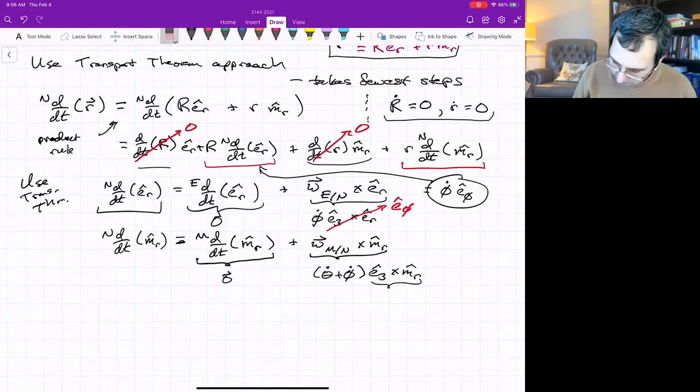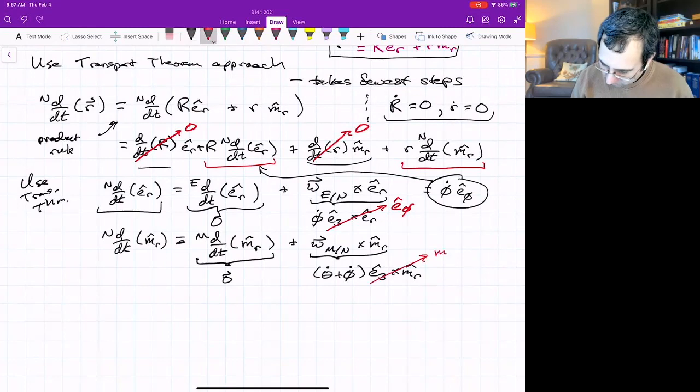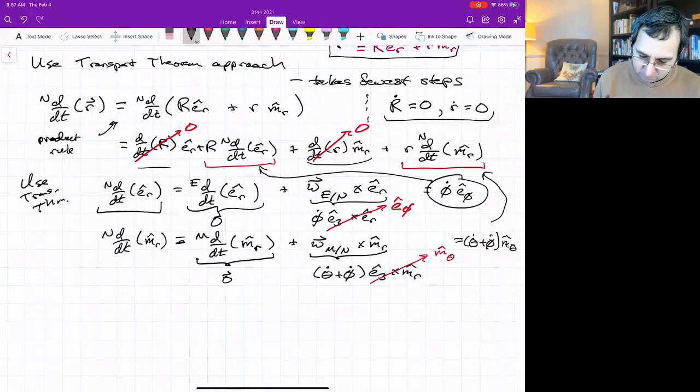Well, I'll just do what I did above, which is kind of say M theta. All right, so this derivative is theta dot plus phi dot M theta. And I will plug that into here. All right, we are good to go.